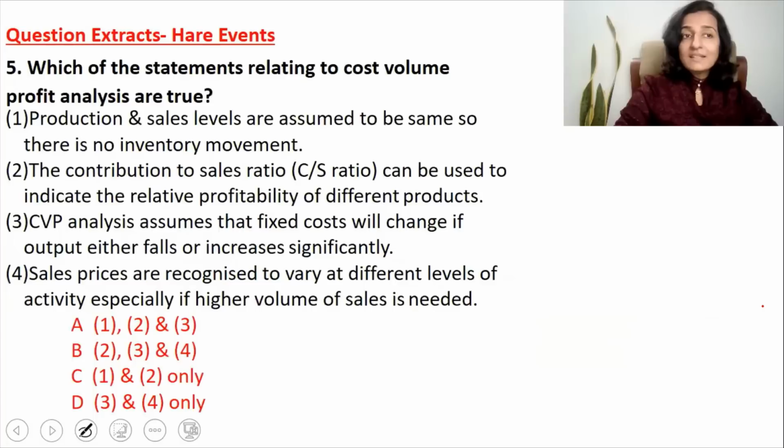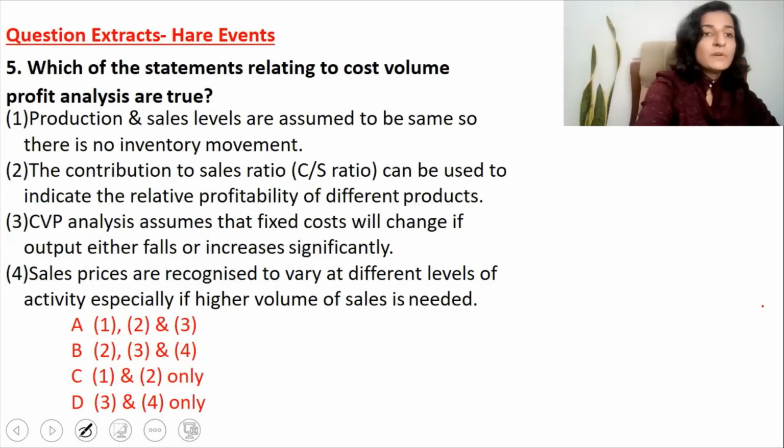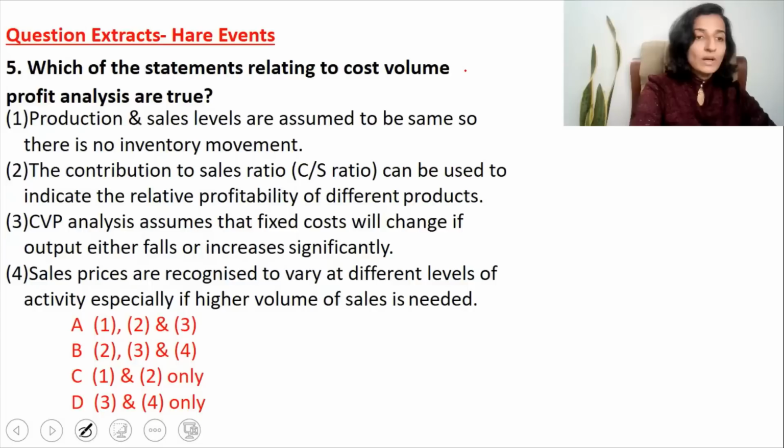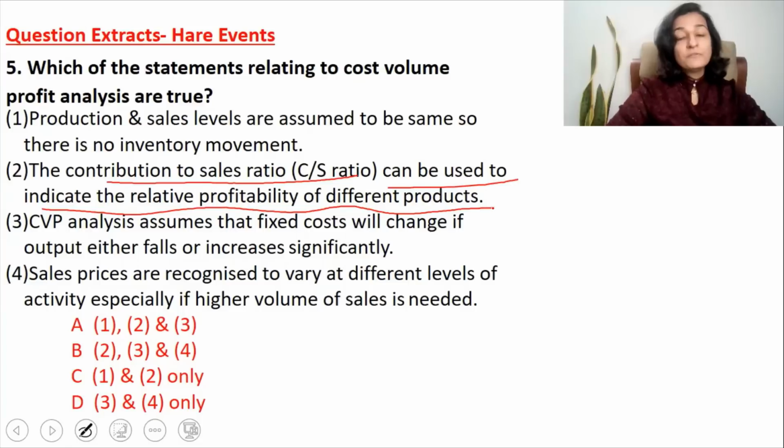Now coming to the last subpart, which of the statements relating to cost, volume, profit analysis are true? Production and sales levels are assumed to be same so that there is no inventory movement. That is correct. Second one, the contribution to sales ratio or the CVP ratio can be used to indicate the relative profitability of different products.